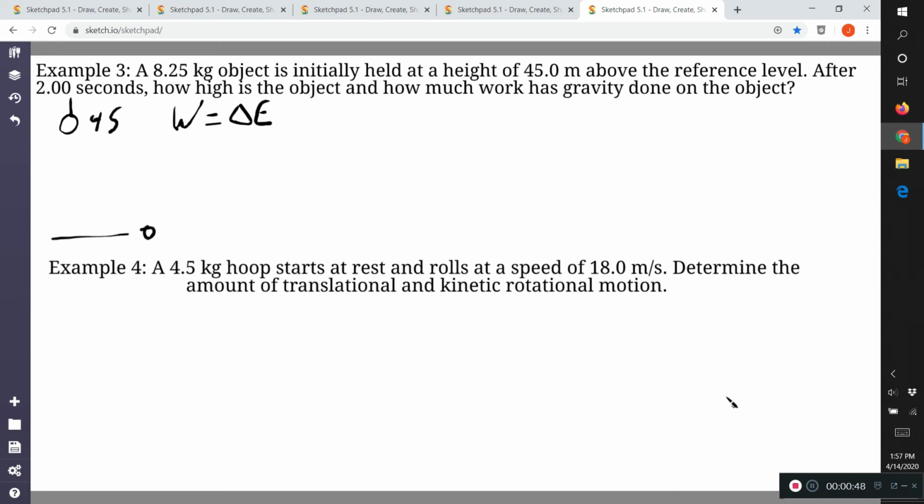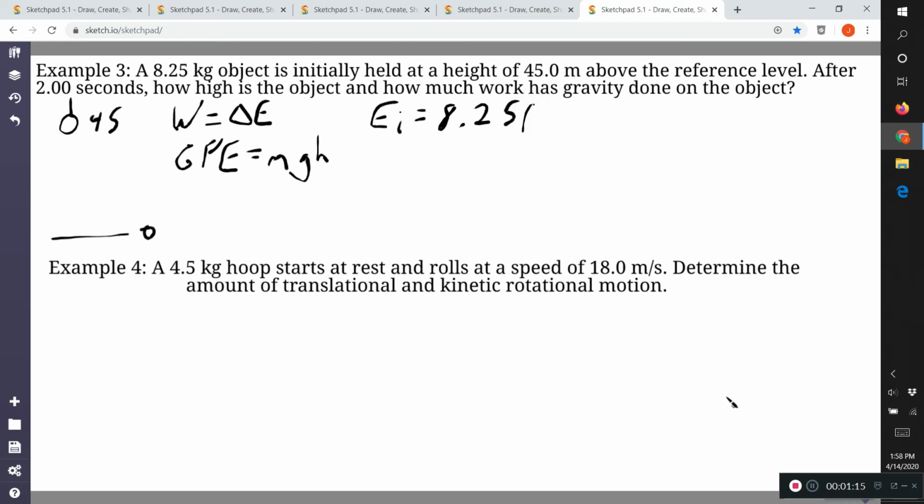So if we remember, the formula for gravitational potential energy is mgh. And so our initial energy is easy enough to calculate. That's going to be the mass, which is 8.25 kilograms.